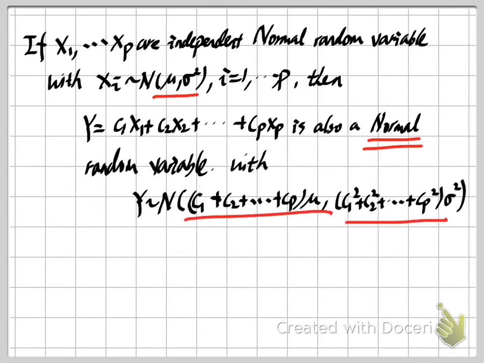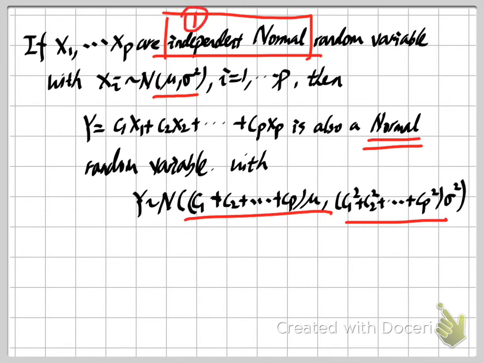Actually these two terms in our notation of the normal distribution come from our previous equations. Okay, so this is one important application of the normal random variable. Please remember that for this we need three important requirements.